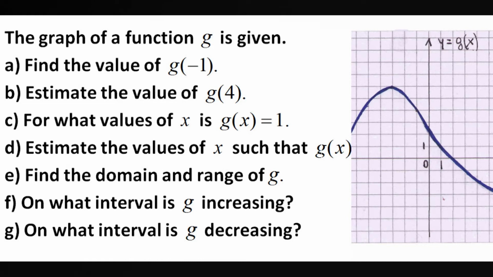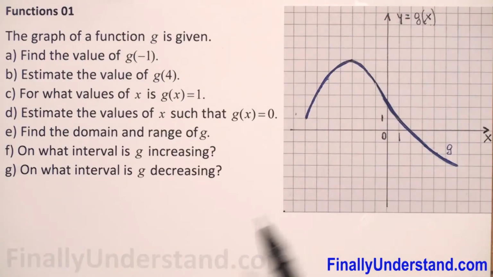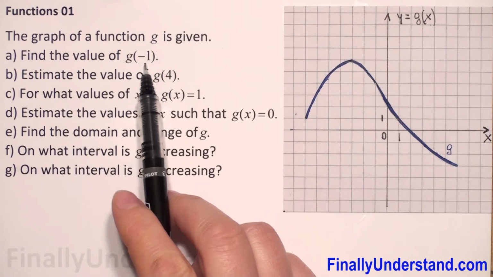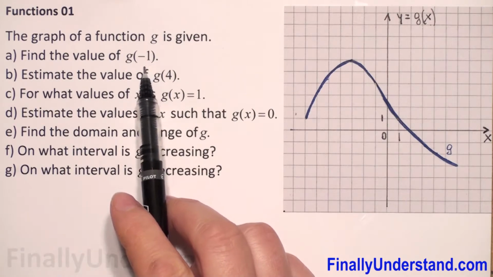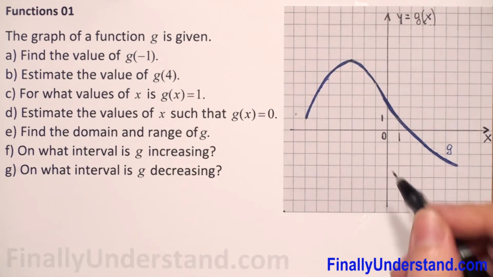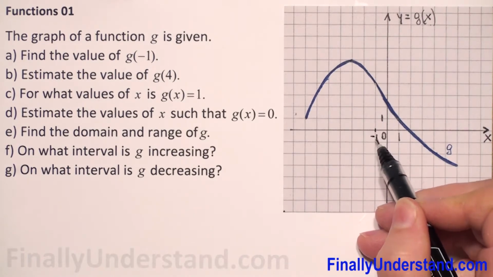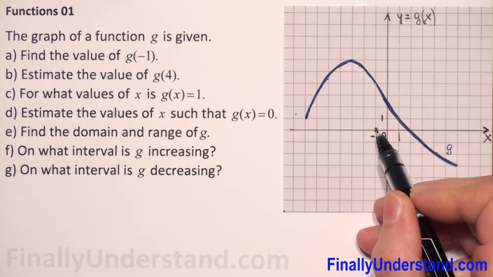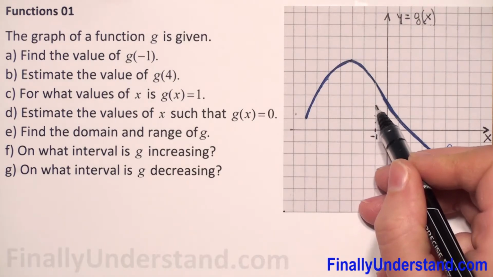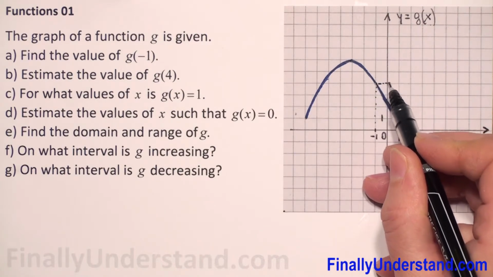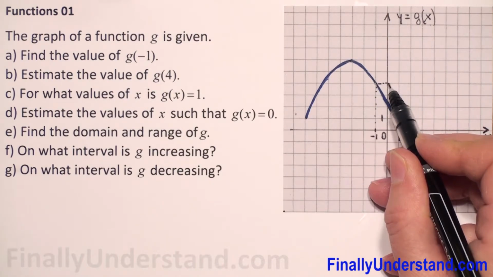We have been given the graph of function g, and we have to first find the value of g of -1. Let's find -1. -1 will be just here. For -1, we have to go to our graph and read which value g of -1 is equal to.